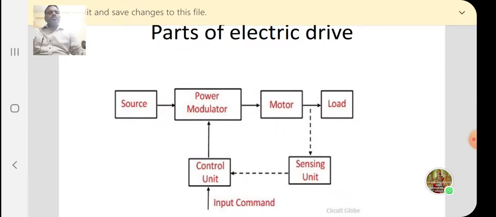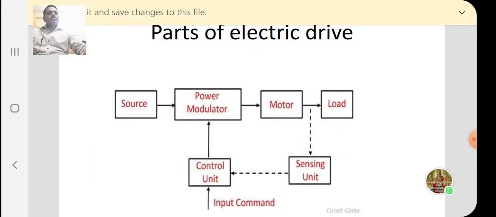In DC motors there are a number of types: shunt motor, separately excited motor, series motor, and compound motor. For AC motors there are types like the induction motor, slip ring or wound motor, and linear induction motor. In AC motors we also use the synchronous motor.